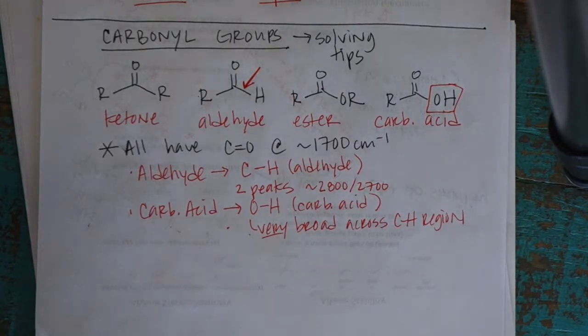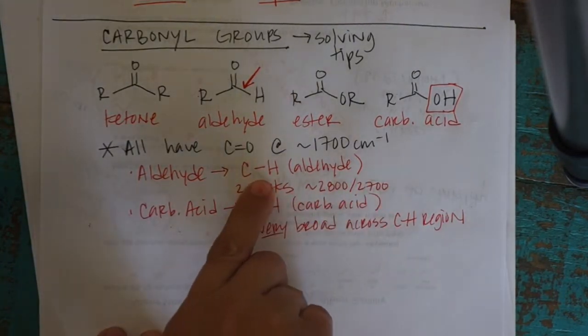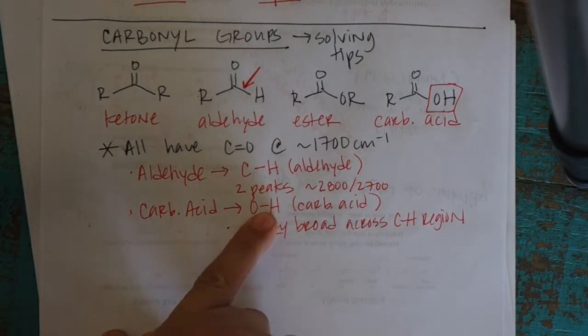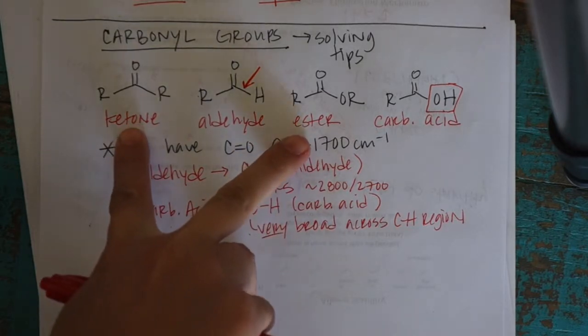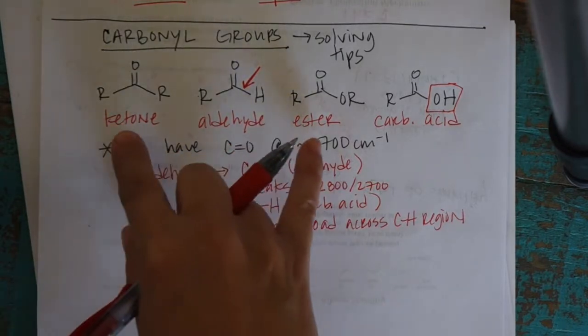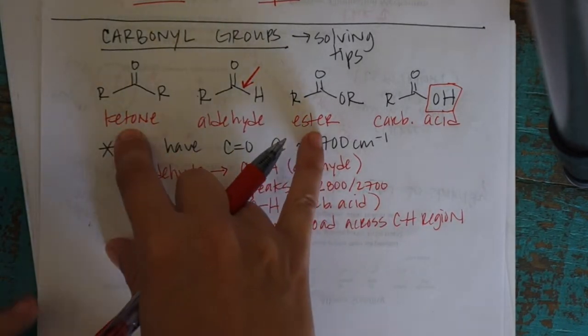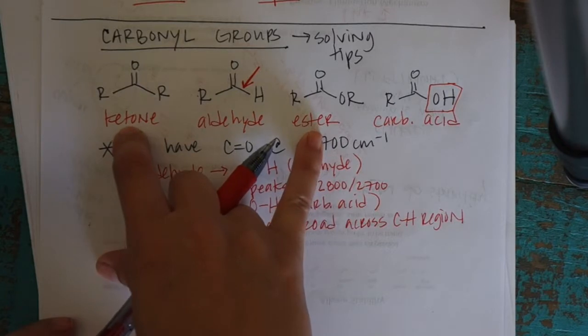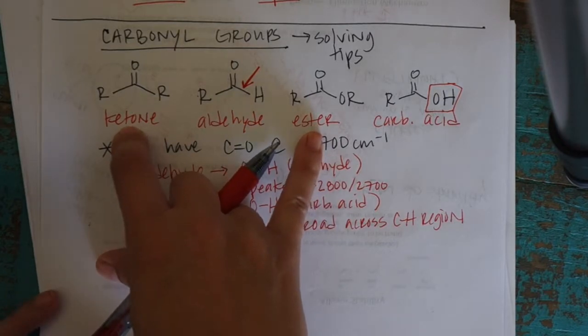All right, and then the last two groups. If you don't have the aldehyde CH and you don't have the carboxylic acid OH, then you probably have a ketone or an ester. These are very difficult to distinguish with IR by itself, but if you know what to look for, you can distinguish them.